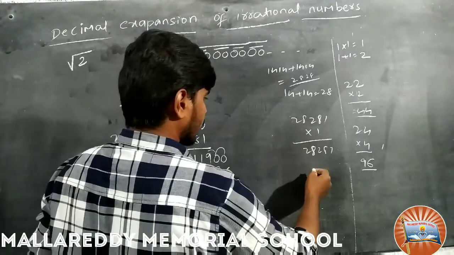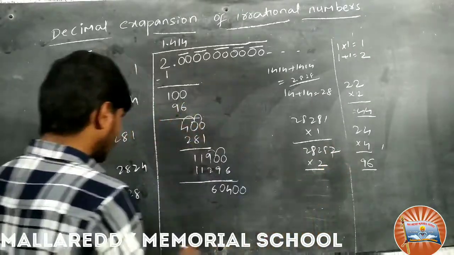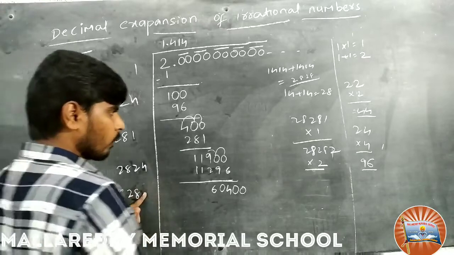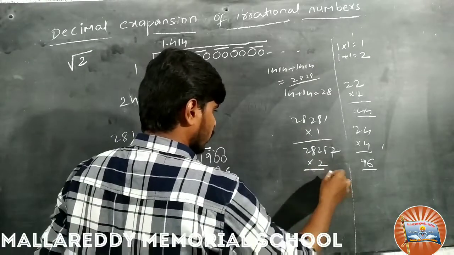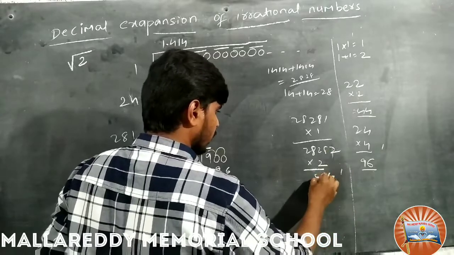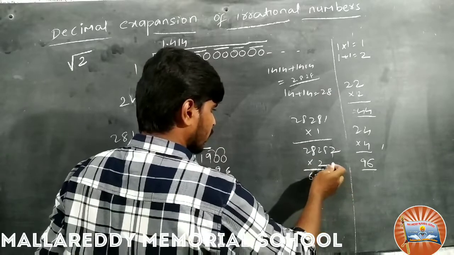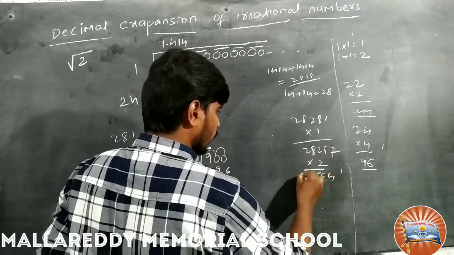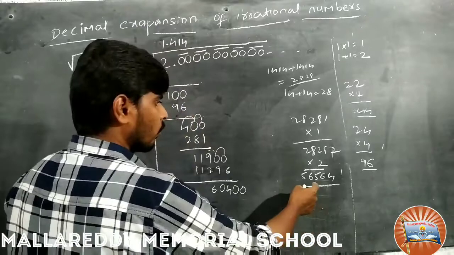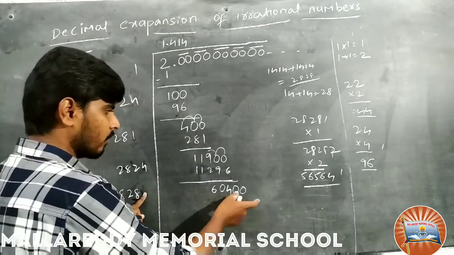Take 2, here 2 and here also 2. What becomes? 2 fours are 8, 2 eights are 16, 1 carry, 2 twos are 4, it is 5. It is 56564. Is it sufficient for this? Yes, it is sufficient.